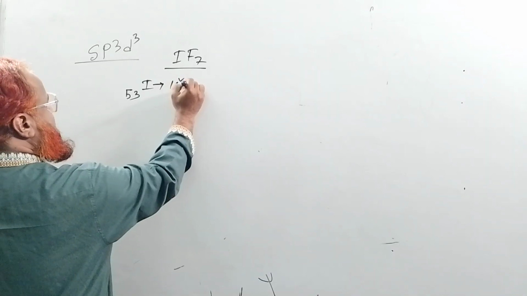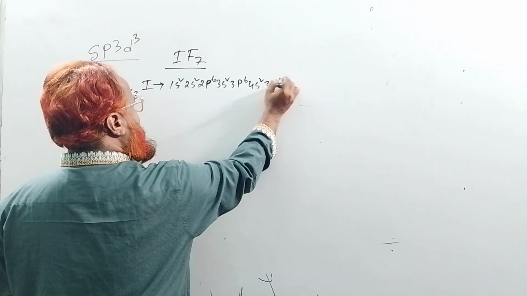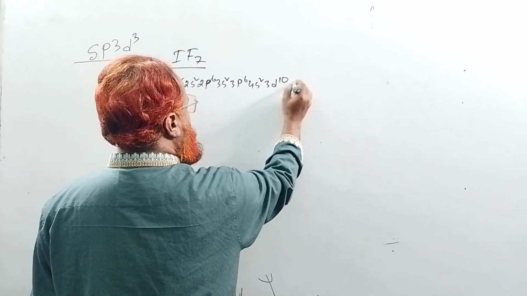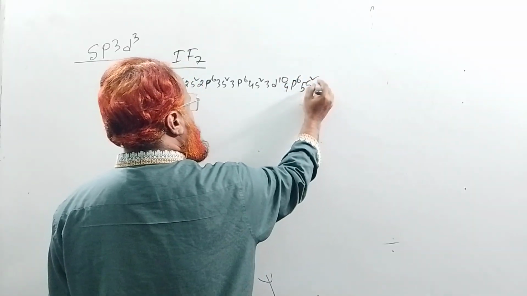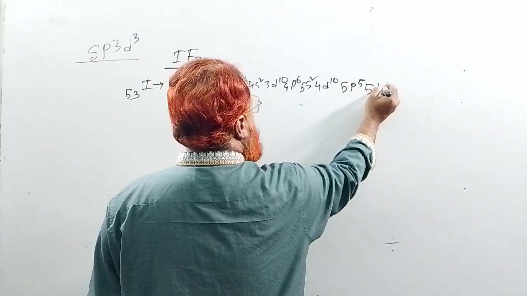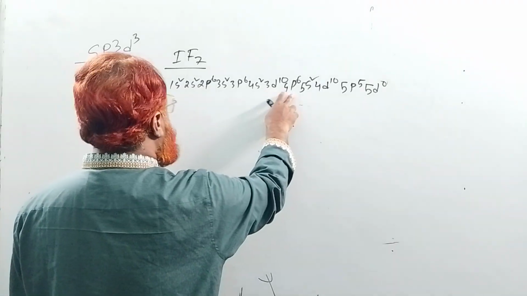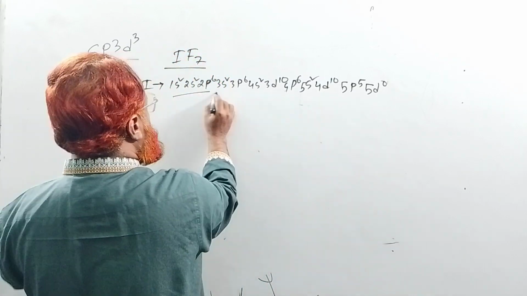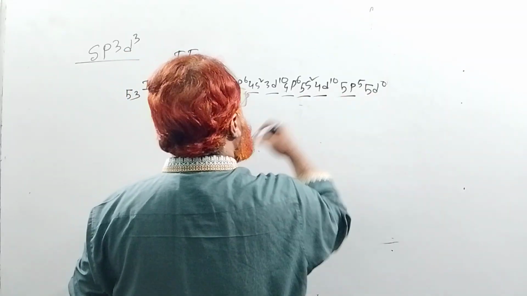So, it is what? 2, 10, 18, 20, 30, 36, 38, 48, then what? 53.